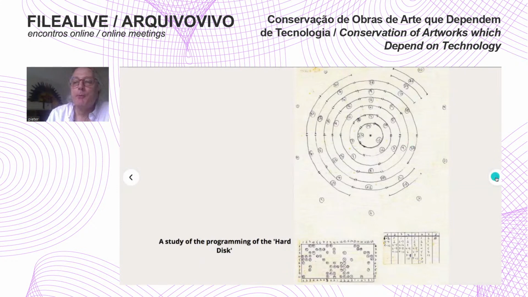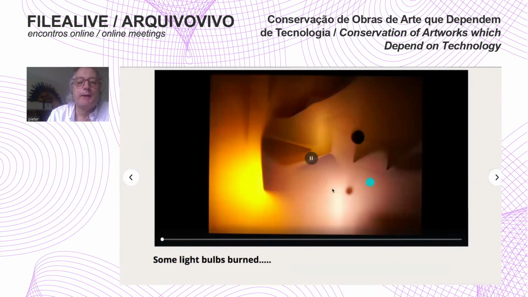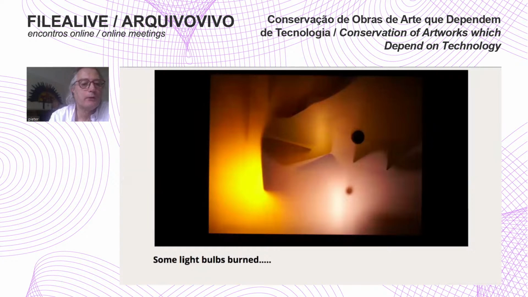The biggest problem is that light bulbs burn. And when this happened in the past, the collector just went to a shop and bought a new one, a new color lamp. But the colors were different. Over the years, the colors were not the same as the artist bought at the time. They were not available anymore.